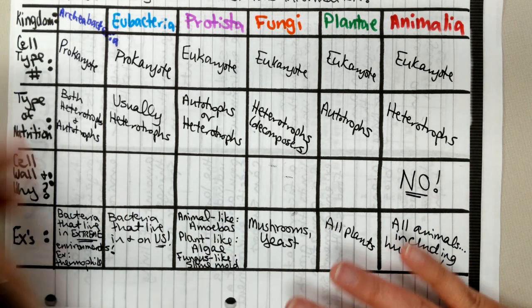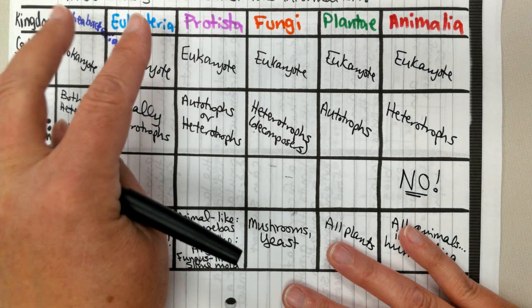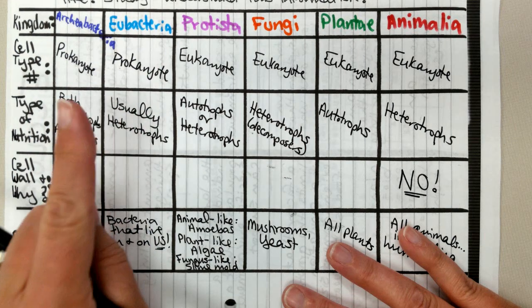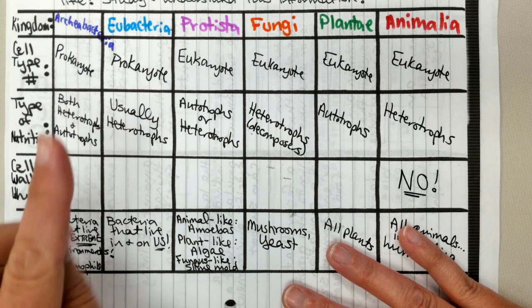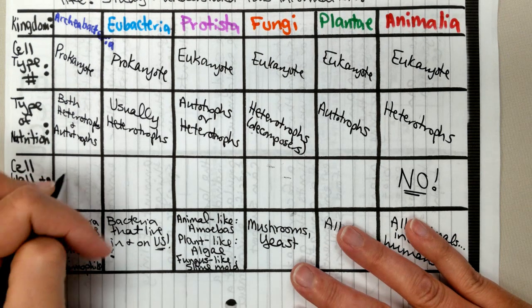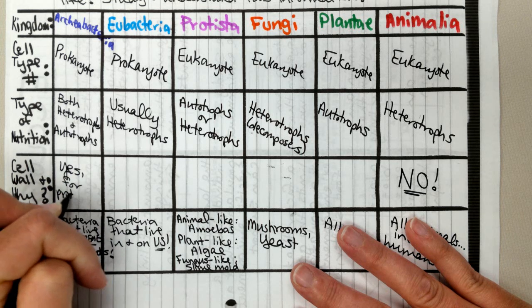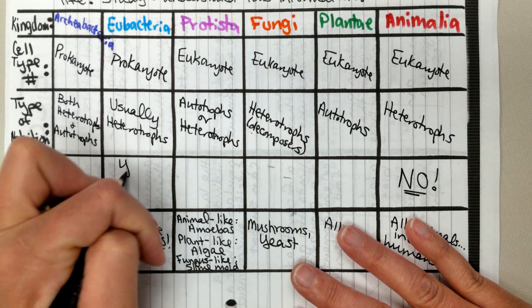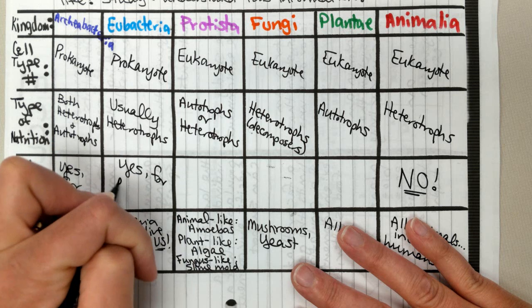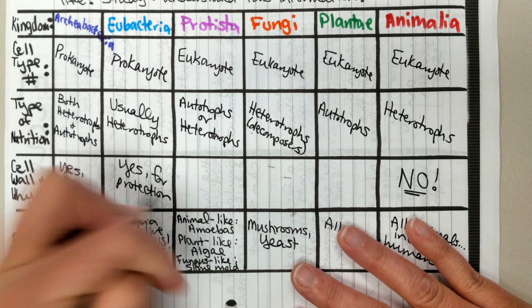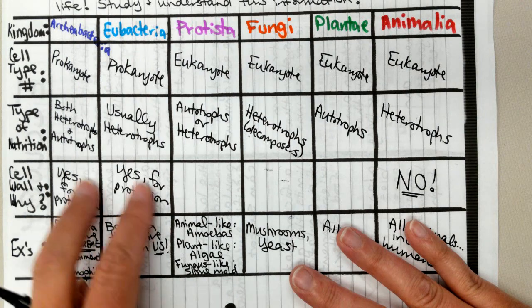Okay, so let's start over here with bacteria. All bacteria are unicellular. All bacteria are one cell big. So they need a cell wall for protection. These things need cell walls to give them protection.